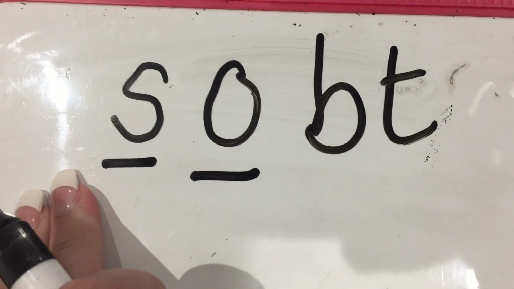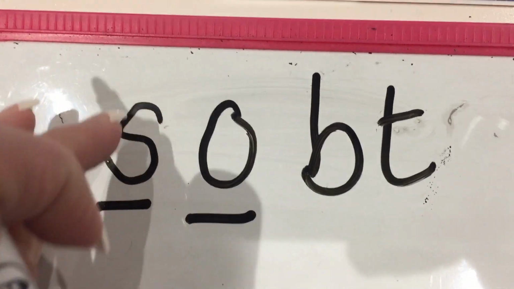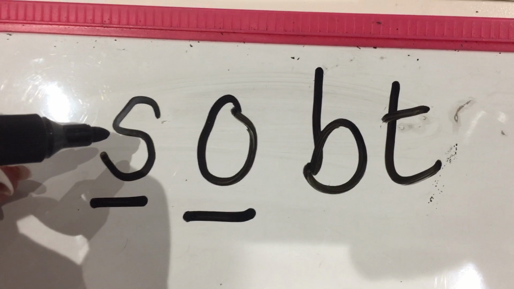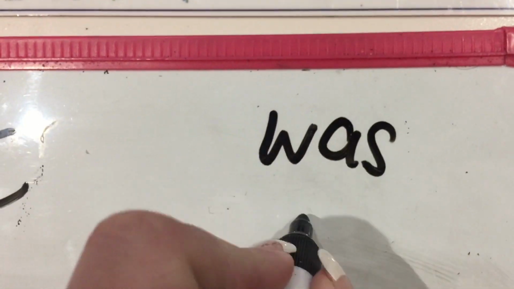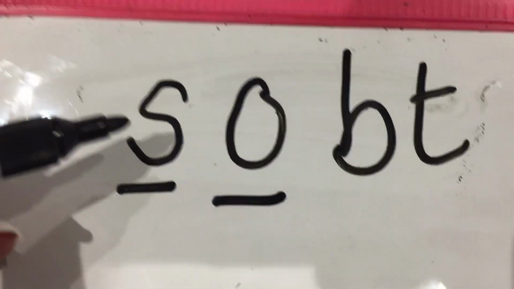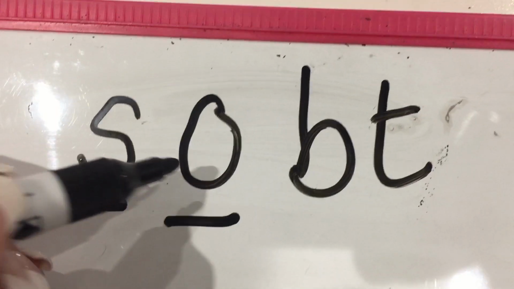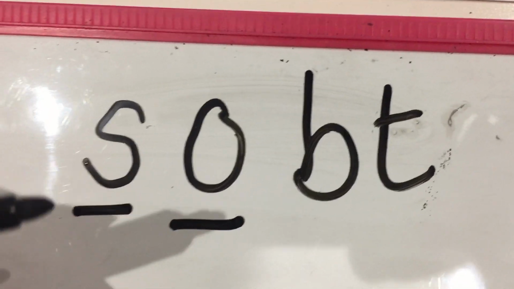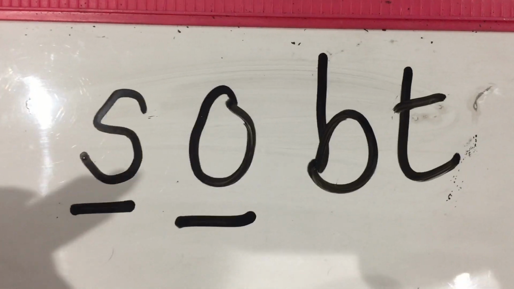And I can see straight away in teacher training who's been using SSP, because a lot of people only say S. Some people go Z, like in was or is. The S often represents a Z, but it's often only SSP teachers that go, oh, it could be a sh, etc. And with the O, teachers will often say, oh, it's an O, and I'll say, okay, but what else could it be?